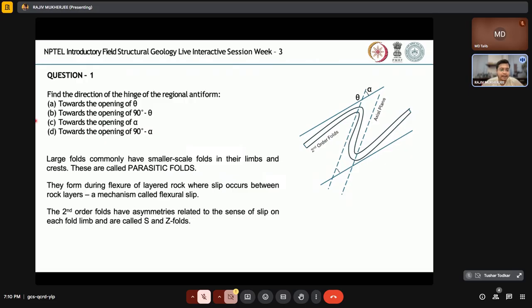So let me pause for a minute and give you some time to think, and then we will discuss what will be the right answer. Any guess?